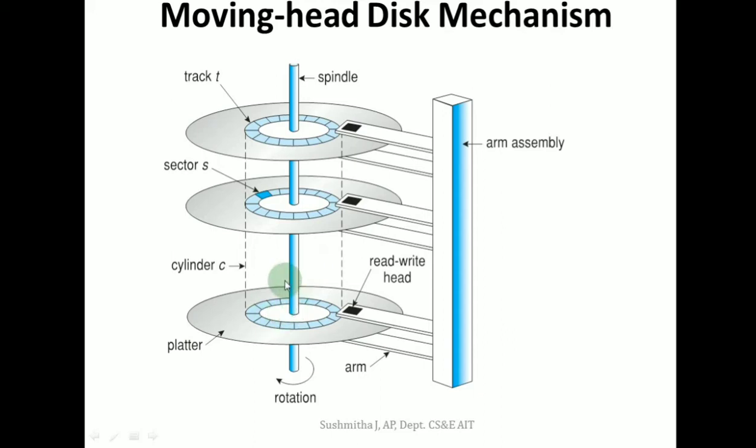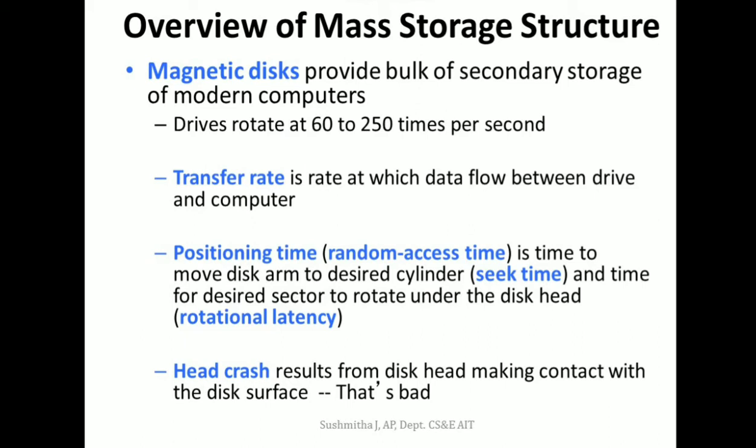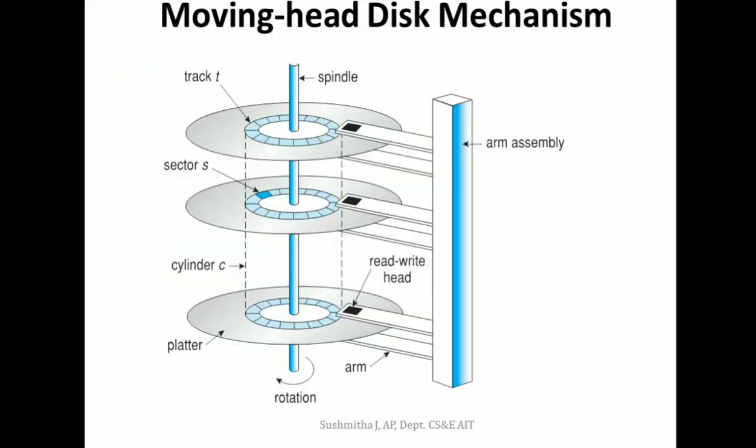Now, how do we decide the speed of the hard disk, or what is the hard disk speed guided by? The speed of the hard disk depends on two factors, that is the transfer rate and the positioning time. I have discussed this with you previously also. Now we will look at it in detail and with appropriate terminologies. The other thing that I forgot is your spindle.